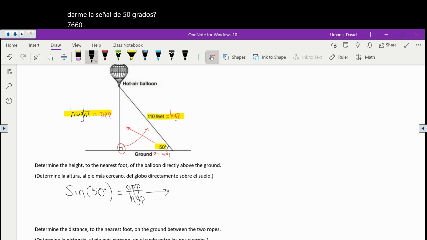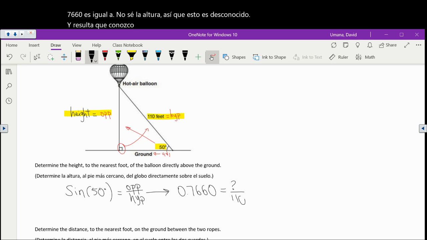So with that information, I'm going to now say that I have here 0.7660 is equal to, I don't know the height, so this is unknown, over the hypotenuse, which I happen to know is 110. Okay?